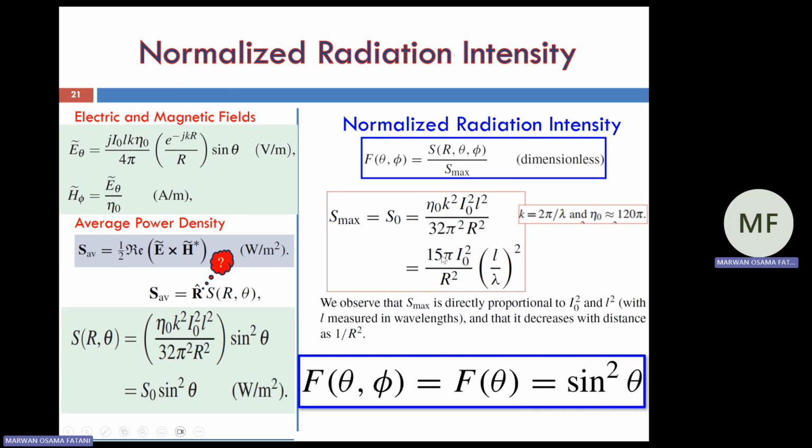And we can also see a couple of observations from these formulas right here. We can see that S max is directly proportional to the current and the length of the antenna, and it's inversely proportional to the radius and the wavelength. So the more the current, the more the length, the more the S max.